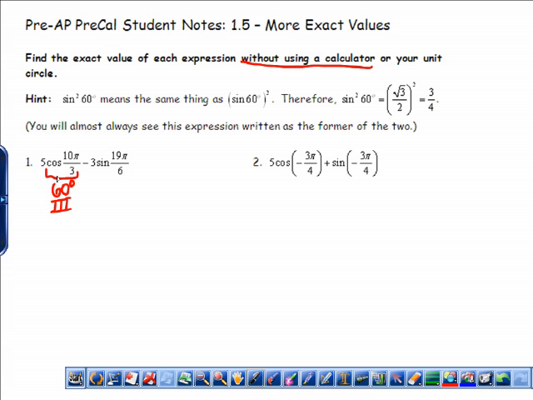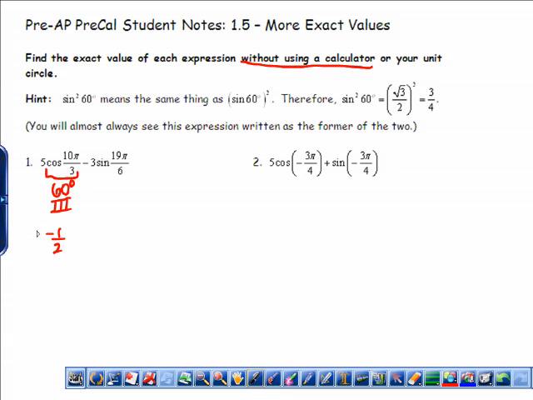So what I'm doing when I'm finding cosine of 10 pi over 3, and this is just a quick review of last lesson, is we're trying to find cosine of 60 degrees, which is the same thing as 1/2, and in the third quadrant, cosine is negative. So cosine of 60 degrees is 1/2, third quadrant negative, therefore cosine of 10 pi over 3 is negative 1/2.